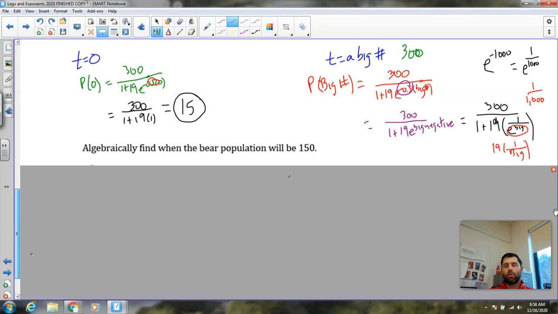So 19 times 0.000001, this number is so small, it's basically zero. So 19 times a number that's basically zero is basically going to be zero.